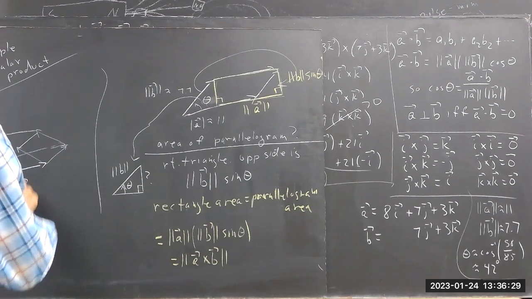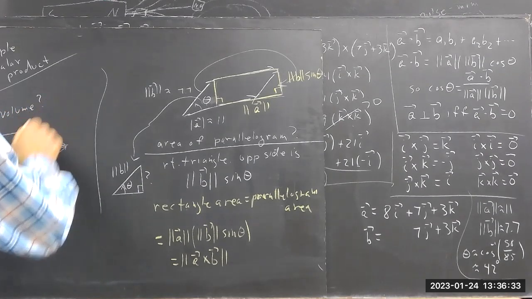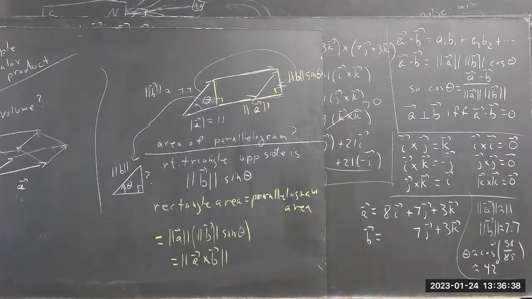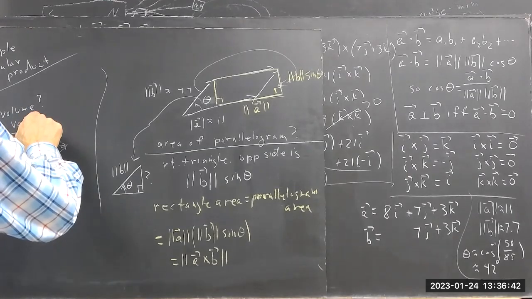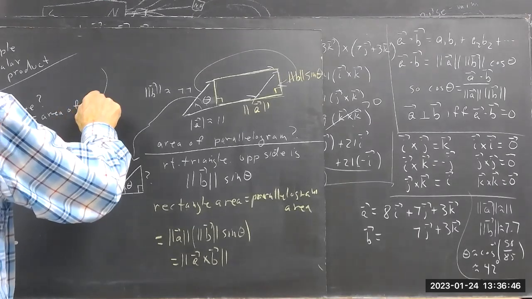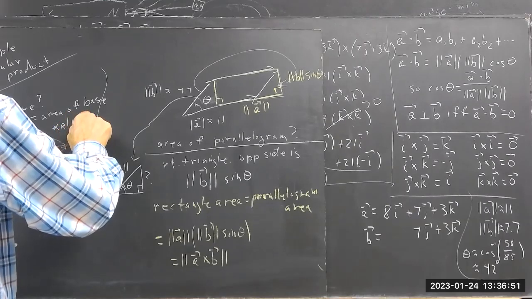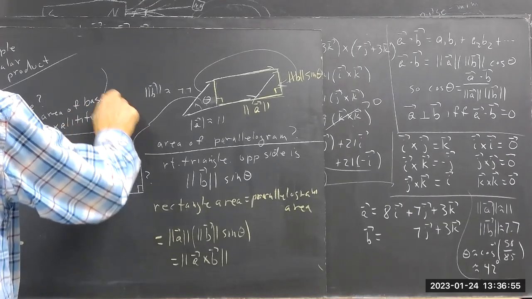What's the volume? Well, pretty simple. Volume is the area of the base times the altitude.